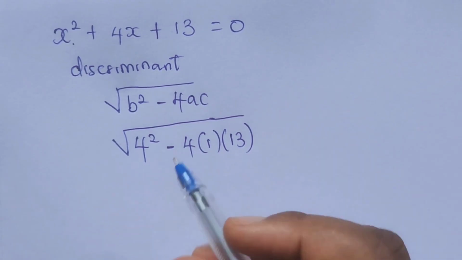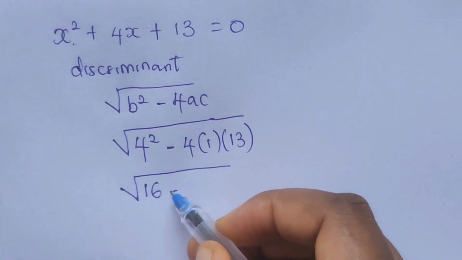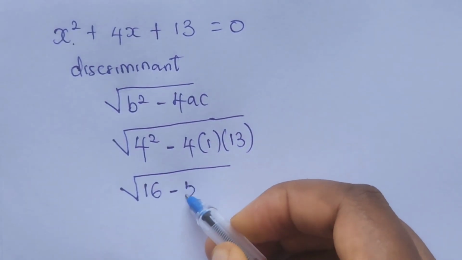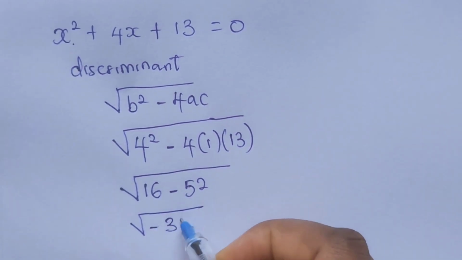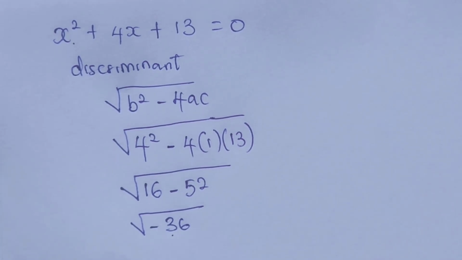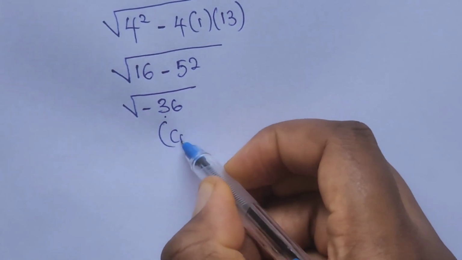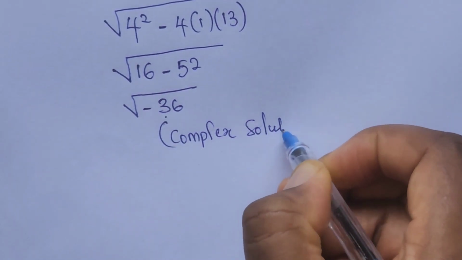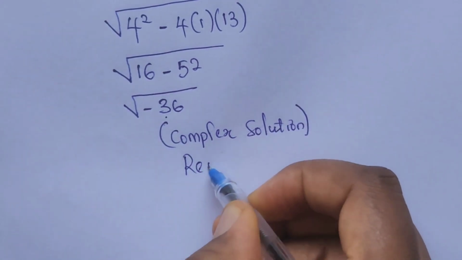So 4 to the power of 2, we have 16. We have 4 times 13, which is 52. So this will give us minus 36. So since our discriminant is a negative number, it simply means that we'll have a complex solution. So we'll reject this.